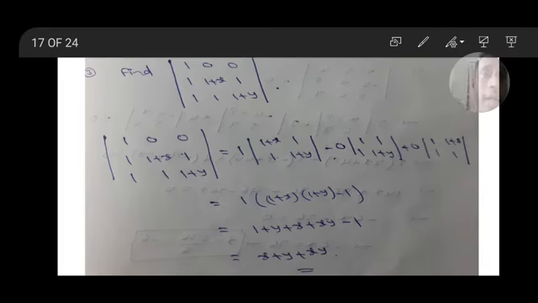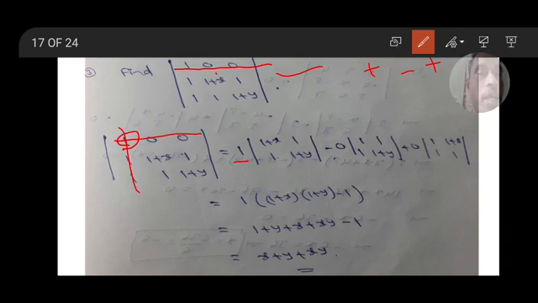Next problem. Find the determinant of 1, 0, 0, 1, 1 plus x, 1, 1, 1, 1 plus y. So for the determinant I am taking the first row: plus, minus, plus: this element into its minor, minus second element into its minor, plus third element into its minor. 1 into its minor, removing row and column, gives 1 plus x, 1, 1, 1 plus y.